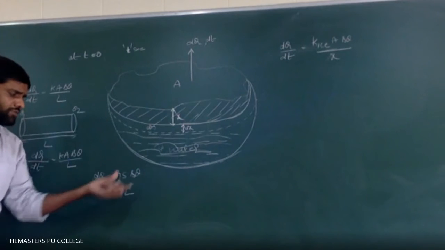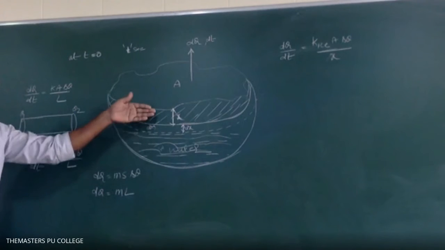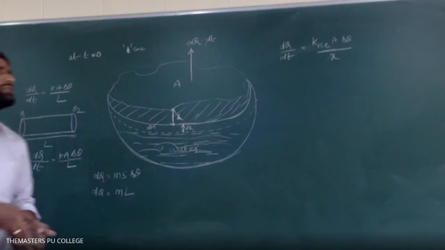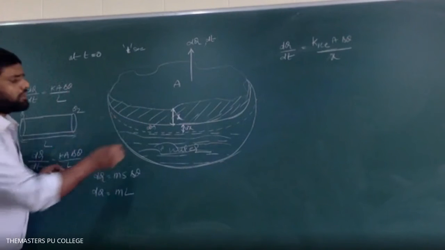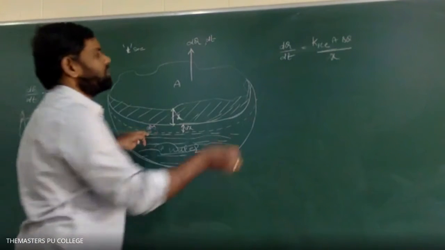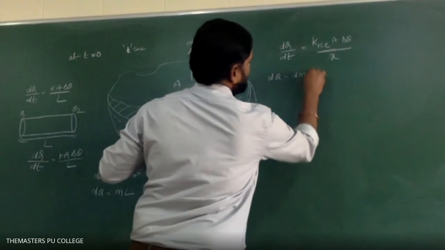When there is a change in phase, we use the second. Here the water is frozen into ice, so we use dq equals dm into L, where dm is the amount of water frozen into ice.